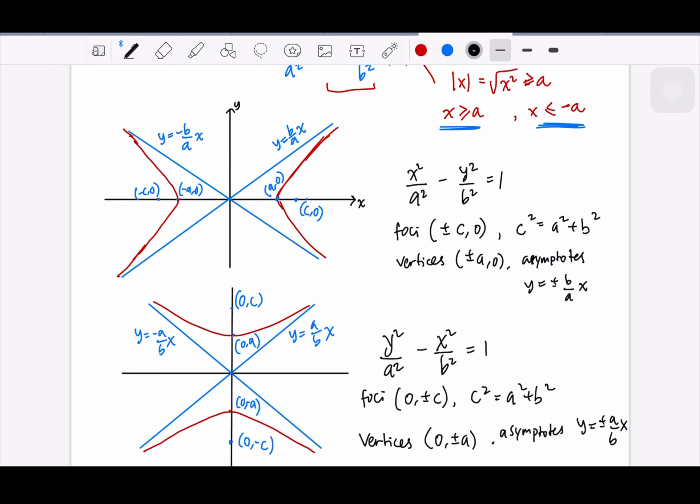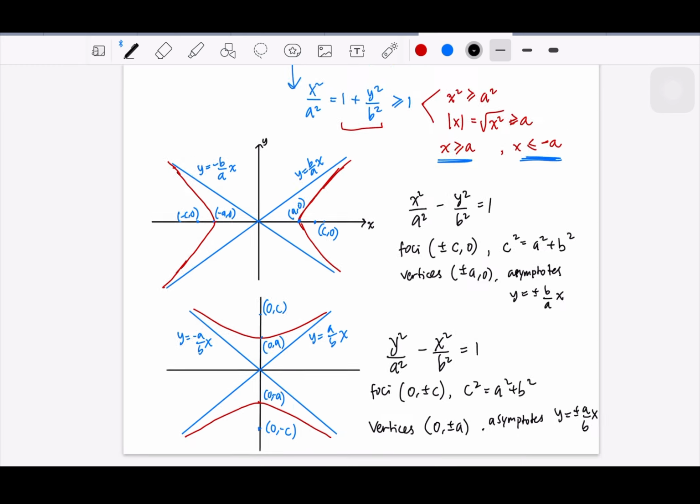How do we tell? We can tell from the focus, or we can tell from the equation. If this has a positive x squared, negative y squared, this should be the first one. If we have y squared and a negative x squared, this should be the second one.